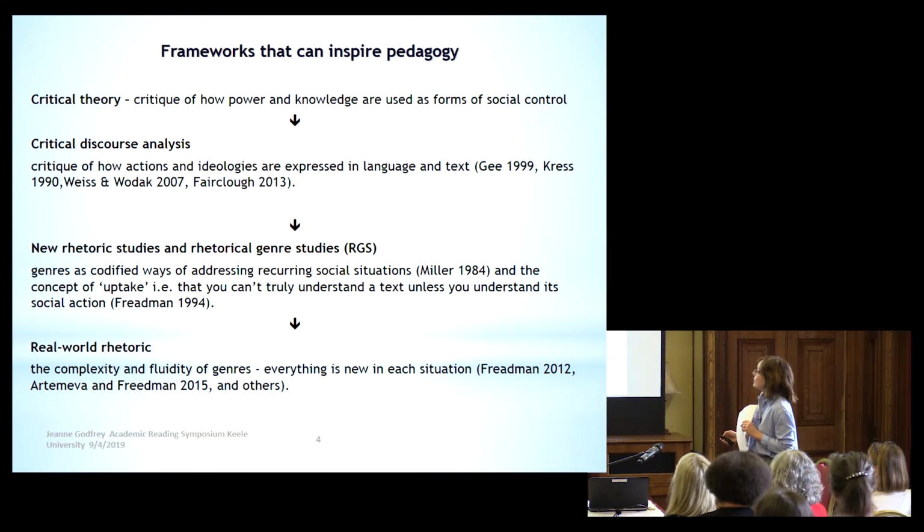But importantly, critical theory is not a pedagogy, it's a critique. So it's saying that, well, in its radical form, that we should change the status quo. So it's, to its logical conclusion, a very radical lens rather than something that you would want students to do necessarily.